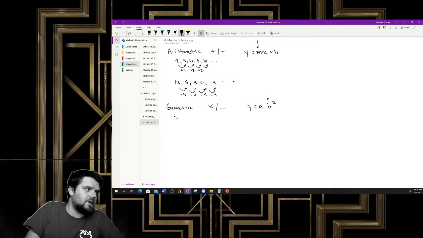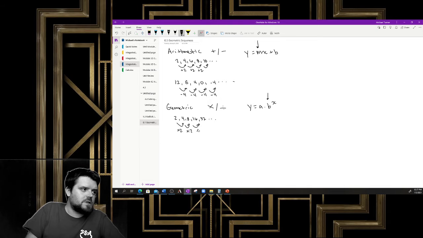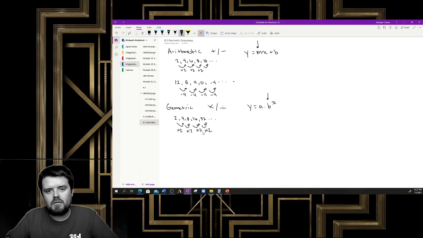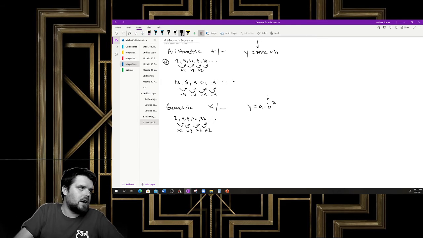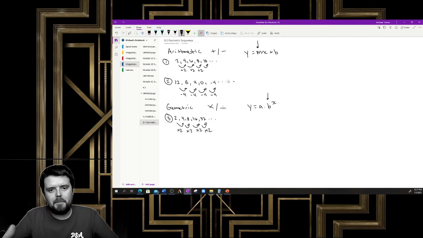So for instance, here if I have 2, 4, 8, 16, 32, etc., here my pattern is multiplying by 2, therefore I could identify this as a geometric sequence. Now, I just mentioned a second ago that you don't want to just say up 2 because if you look at example 1 and example 3 here, both of those are going quote-unquote up by 2, but one is addition, one is multiplication.